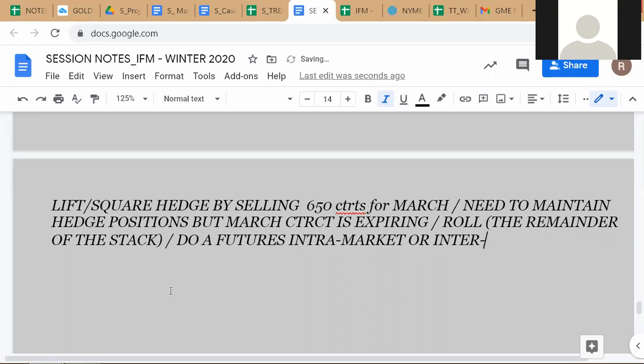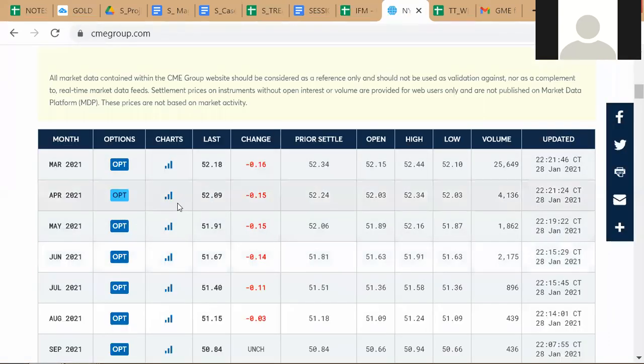or inter-month spread. If you remember, when we did the discussion on futures, we talked about the different types of spreads. You can have inter-market spreads or you can have intra-market spreads. This is an intra-market spread because it is not moving outside of crude oil. But if I had an exposure in jet fuel, I showed you that chart.